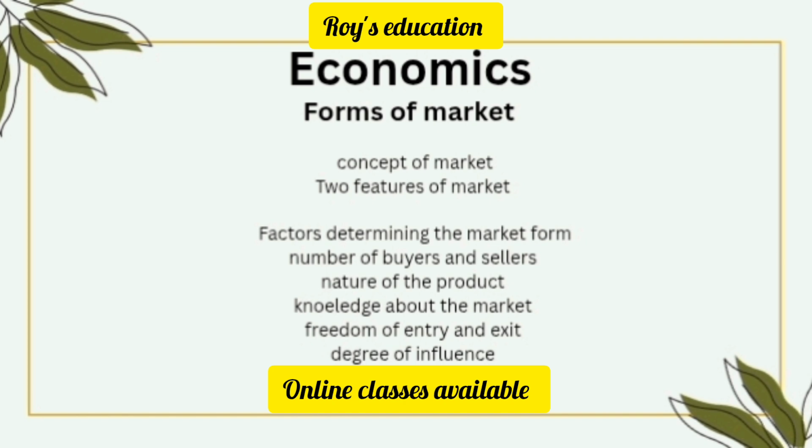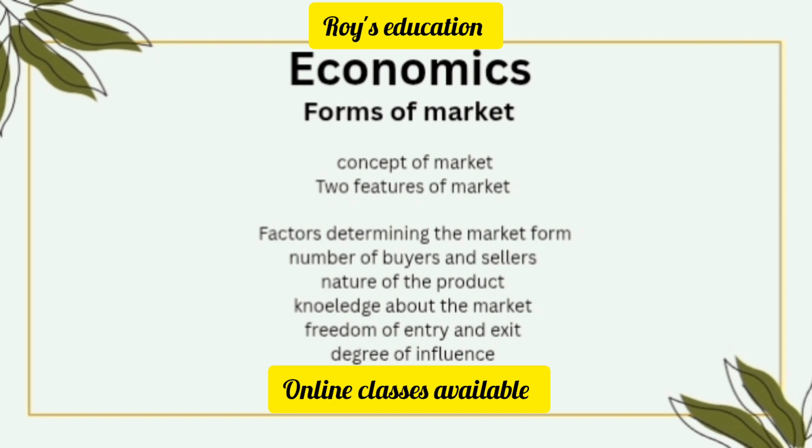The smaller the number of the sellers, the larger will be the share of each firm in the total supply, and therefore larger would be the power of the firm to influence the price because it produces larger proportion of the total supply.